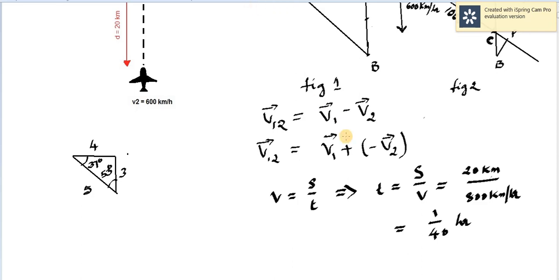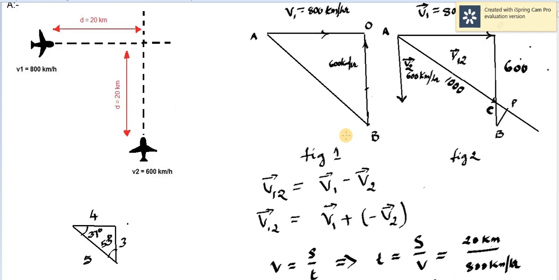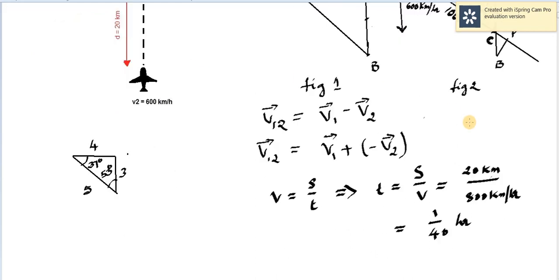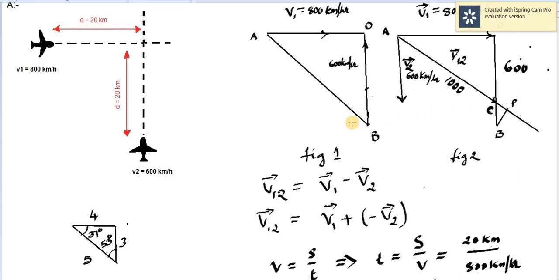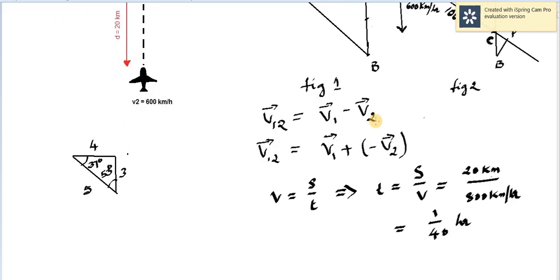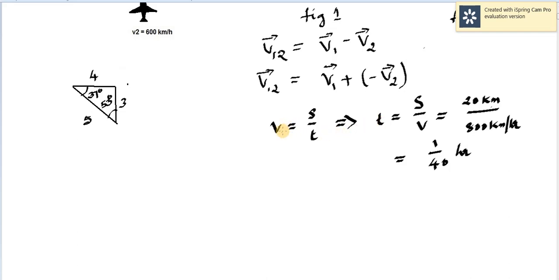So this is the time taken for the first plane, plane A, which is travelling at 800 kilometers per hour, to reach the point O. By the time it reaches point O, the second plane, which is travelling at the speed of 600 kilometers per hour, would still be falling behind the point O. By how much distance, that we need to calculate now.